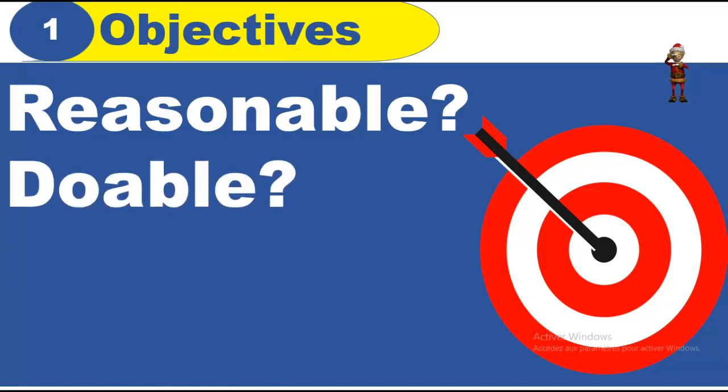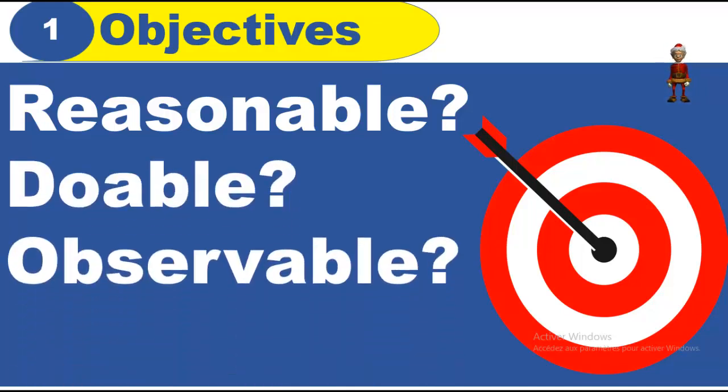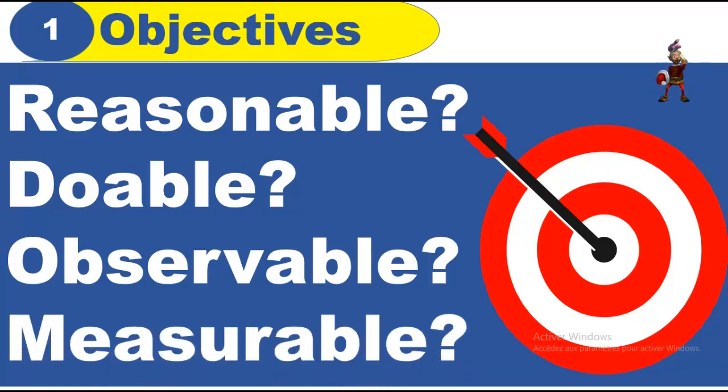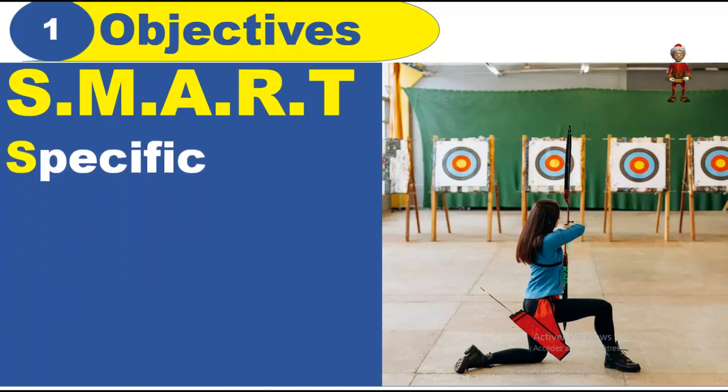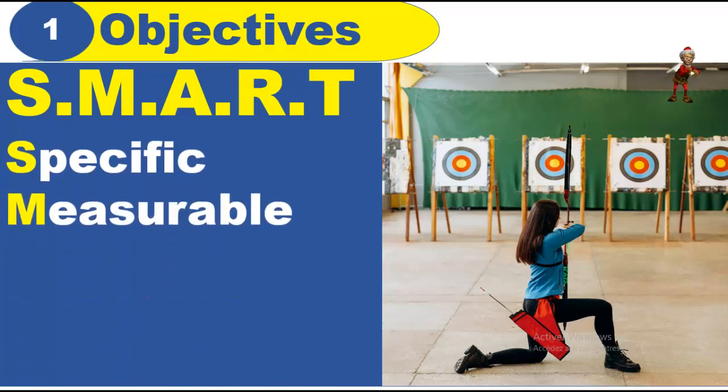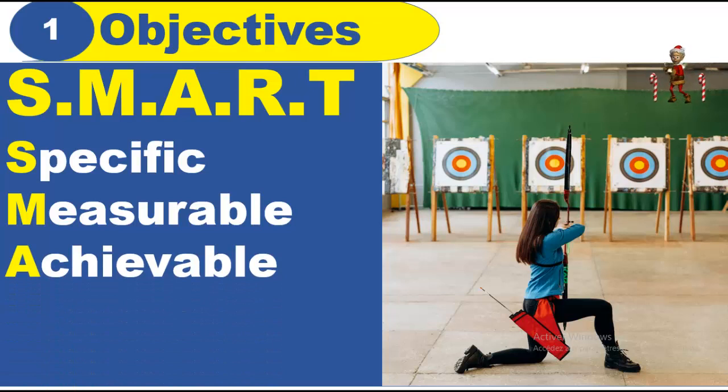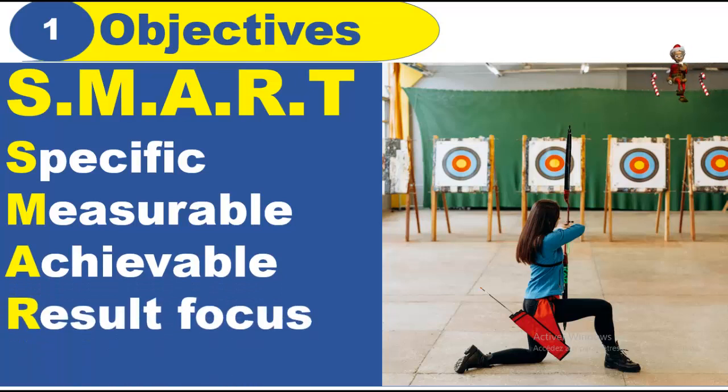Are they observable or measurable? In short, you have to be very smart in designing objectives. Smart meaning specific objectives, measurable objectives, achievable objectives, result focused, and time-bound objectives.